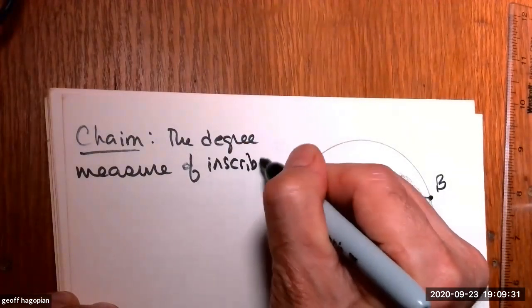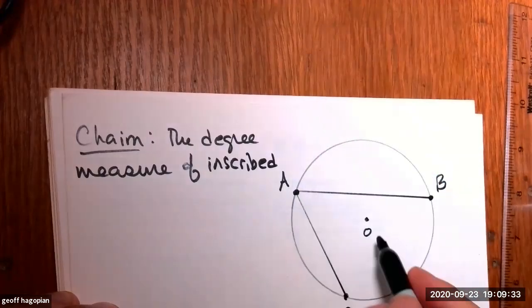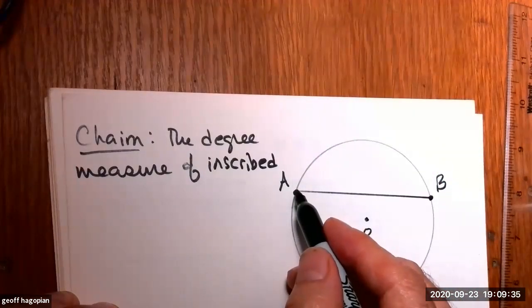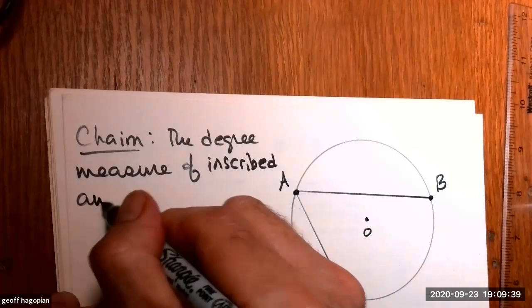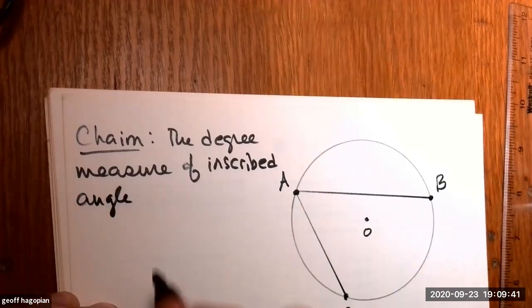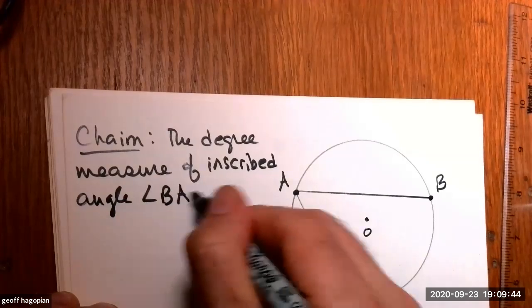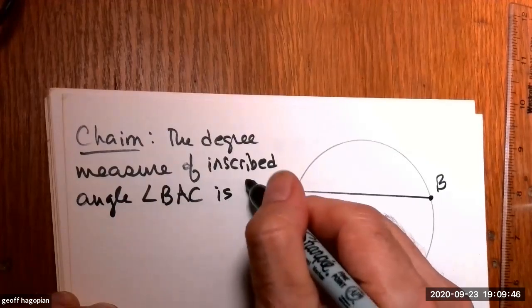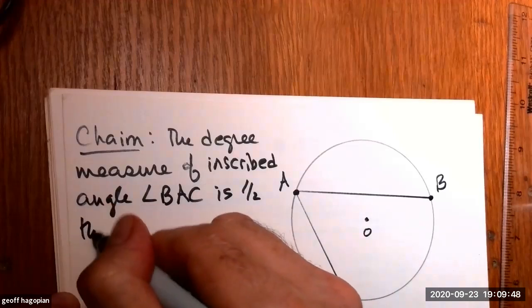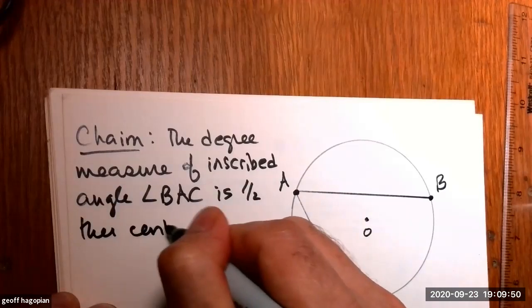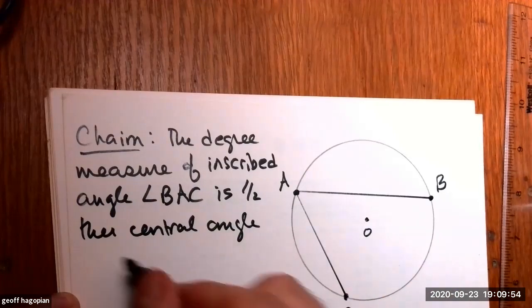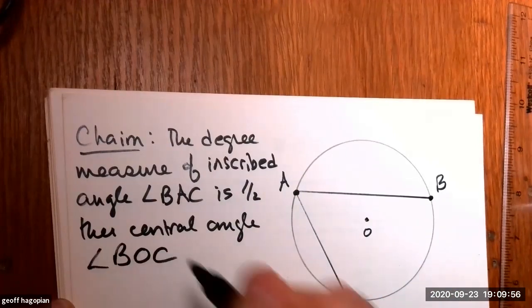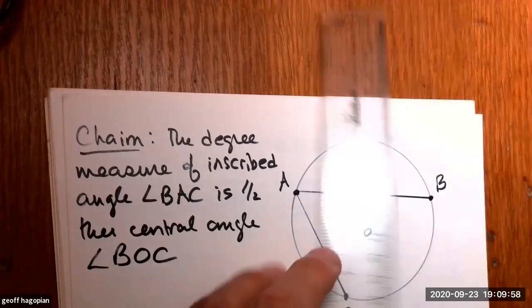It's inscribed because it's not central, and A is on the circumference. Angle BAC is 1/2 the central angle BOC. So should we draw the central angle?